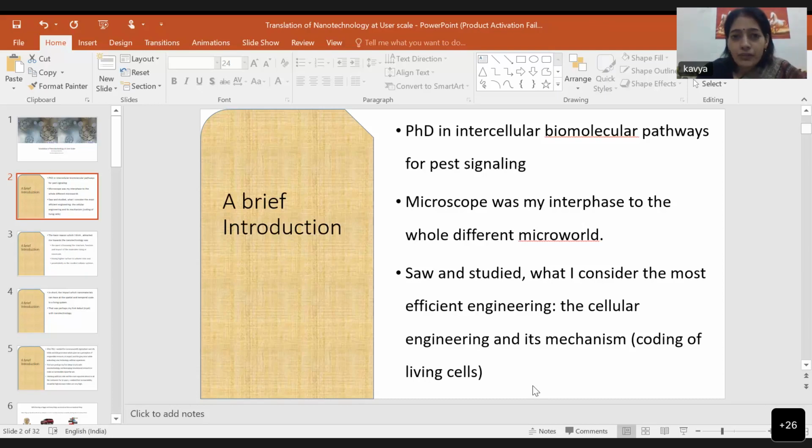Sorry to interrupt you. Can you please put your screen on full screen mode? It is not full screen. Can you share your screen? Yeah, I'll do that.